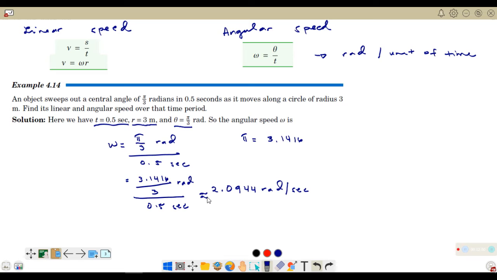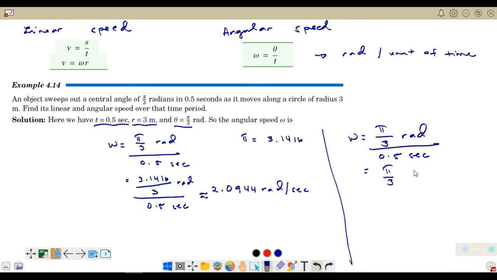Ano naman yung exact value niya? So for the exact value, gawa tayo ng isa pang computation on the right side, we have pi over 3 radians over 0.5 seconds. So this is pi over 3 radians times, gamitin natin yung rule natin sa fraction wherein we are going to change the operation to multiplication and then multiply this by the reciprocal of the denominator, which is 1 over 0.5 seconds.